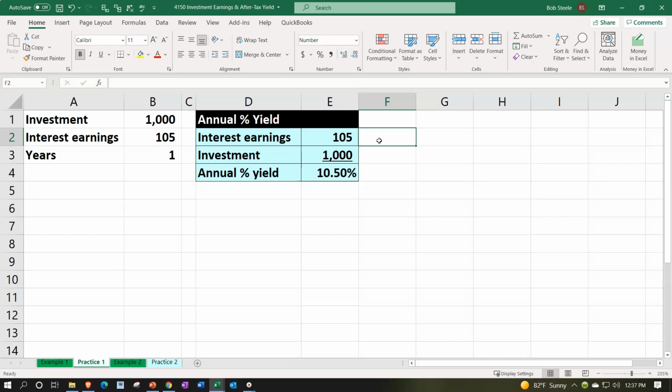And you can compare different dollar amounts, because remember, I can't compare the 105 to what I earned on some other investment when I had an investment of $10,000 in that instead of $1,000 in here. I can compare over the same period the ratio of the return, which is the percent.